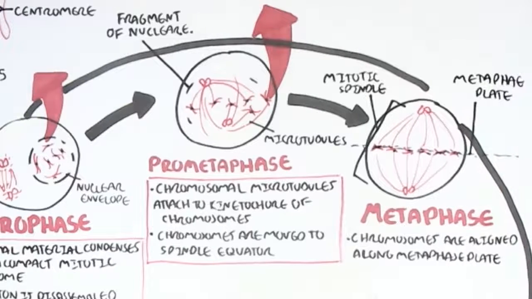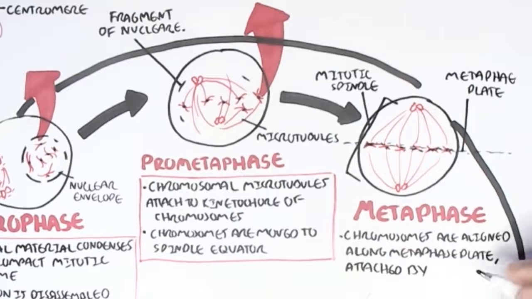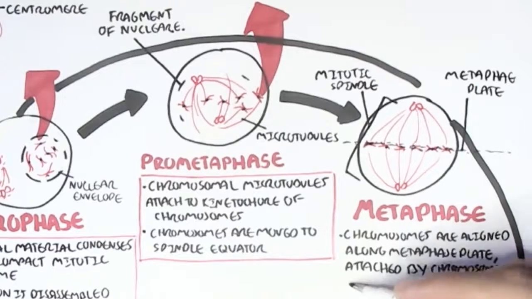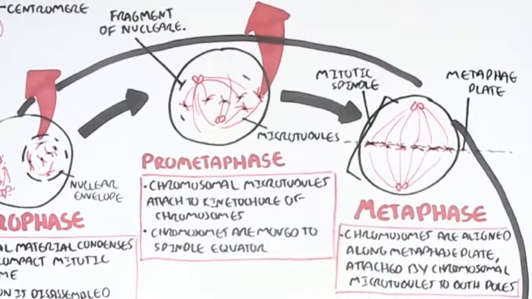The duplicated chromosomes aligned on the metaphase plate will then be attached by the chromosomal microtubules at both poles. What this means is that the centrosomes on each of the poles will have microtubules attaching to the same chromosomes, essentially.